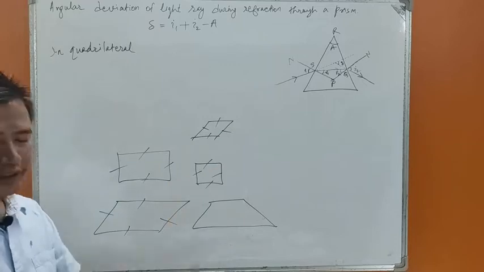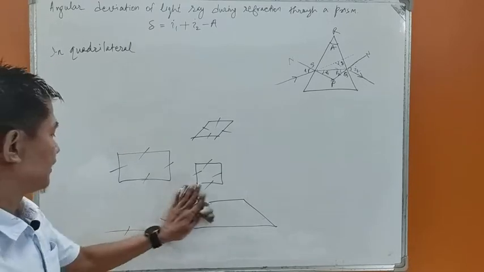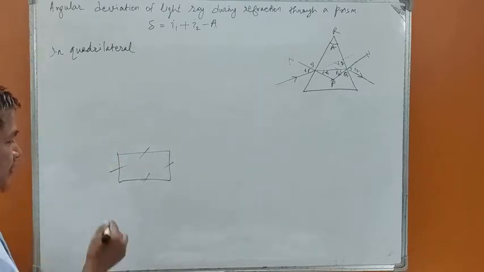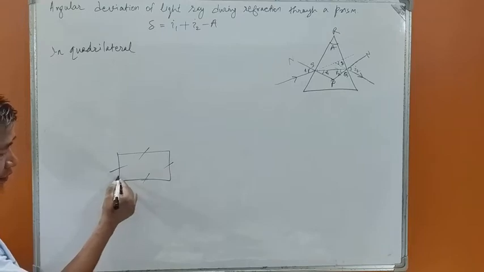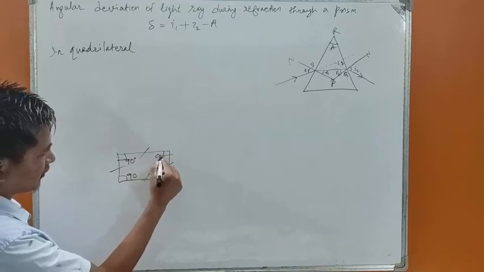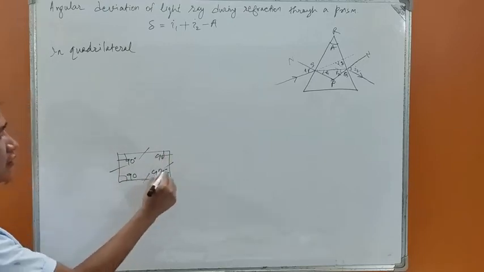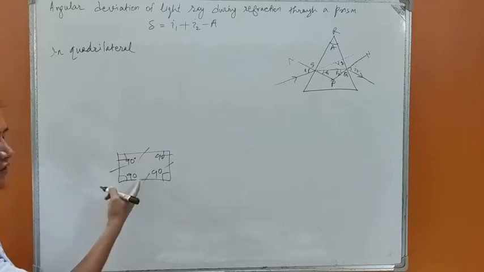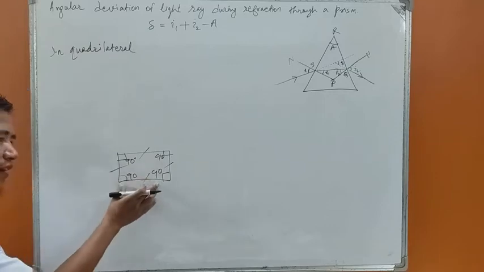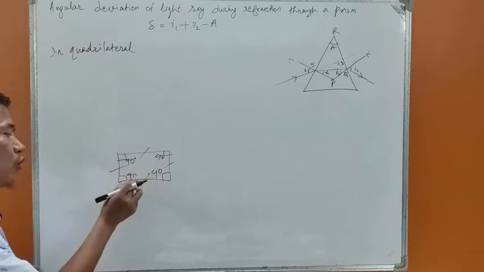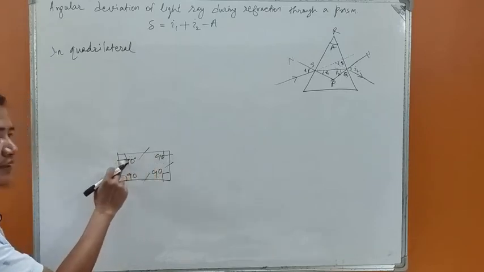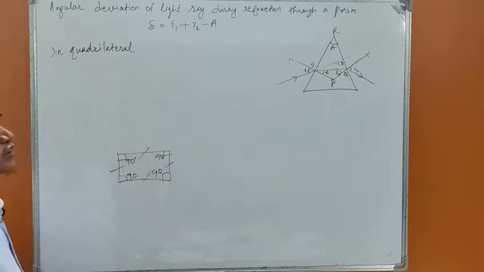Quadrilateral means any plane figure having 4 sides, and you know that the sum of all the angles of a quadrilateral is 360 degrees. Let's take the example of a rectangle. This is 90 degrees, this is 90 degrees, this is 90 degrees, this is 90 degrees. When we add up all the angles, 90 plus 90 plus 90 plus 90, we get 360. 90 into 4 is 360, isn't it?